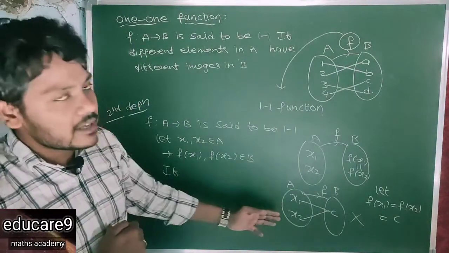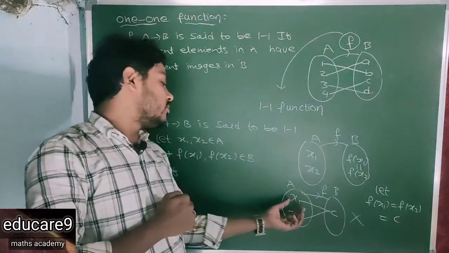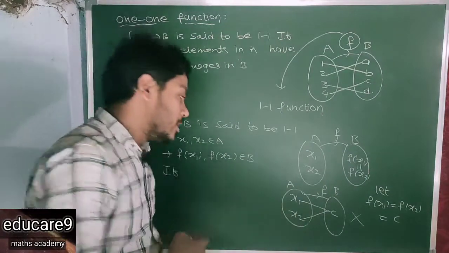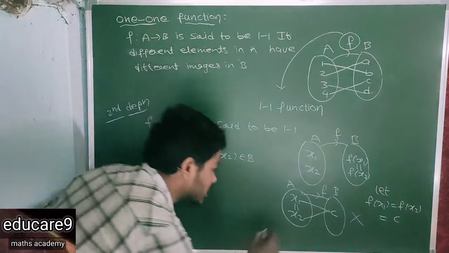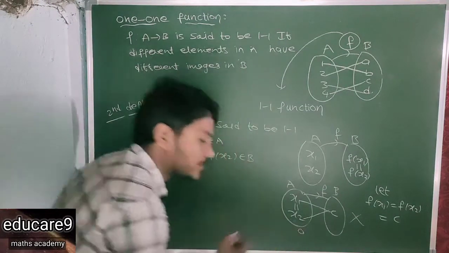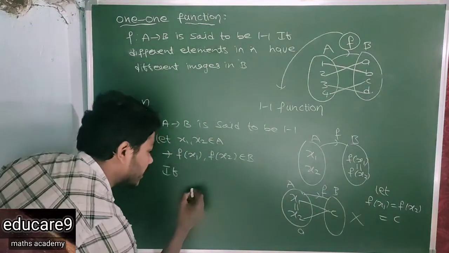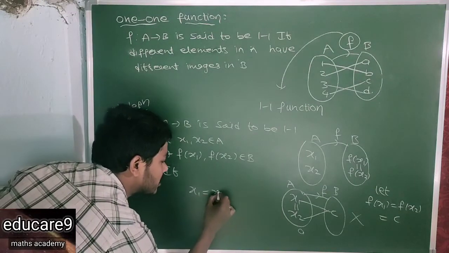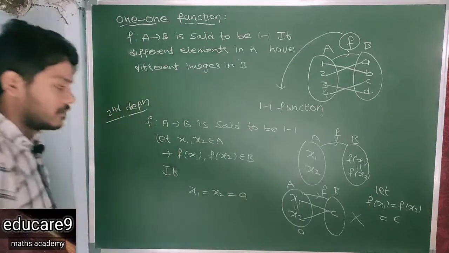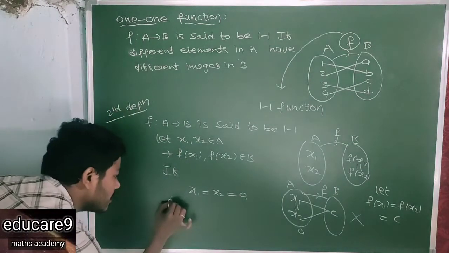Whenever it is a 1-1 function, if x1 is equal to x2, meaning in the domain both elements are equal, suppose this is some a. See here, x1 and x2 are equal to a.